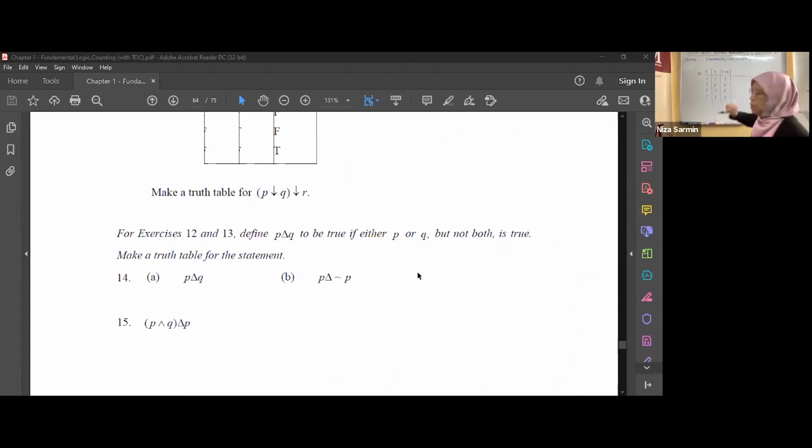And then the question is P and Q, triangle P. So you compare this with this. We want it to be true. We don't want the same, right? False. True. False. Okay, to be true, they have to be different.